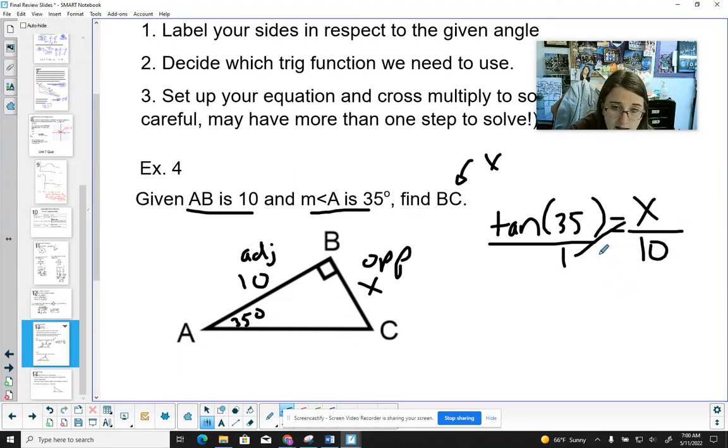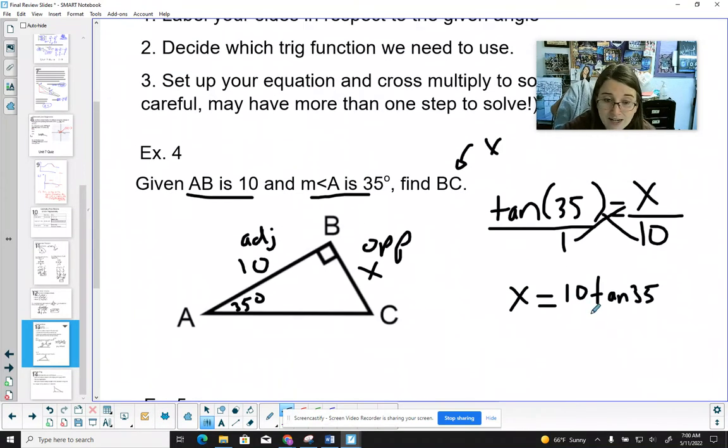But I have 1 times x is x. I have 10 times tangent 35 is, remember, 10 tangent 35. This goes into the calculator. And I can go straight to the calculator because x is by itself. Whenever I do something and I end up with x all by itself, that all can go into the calculator.